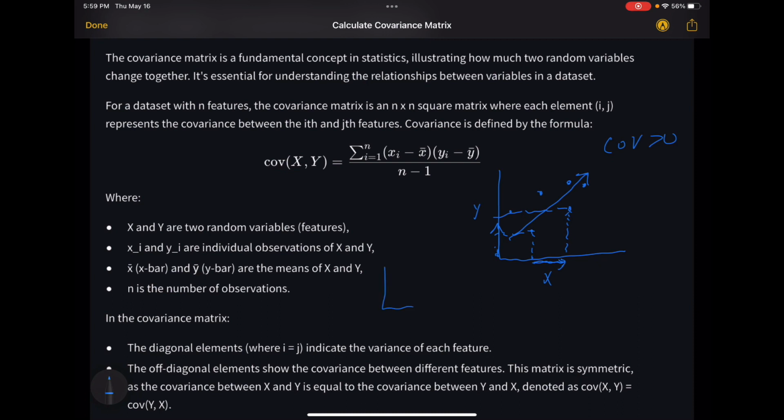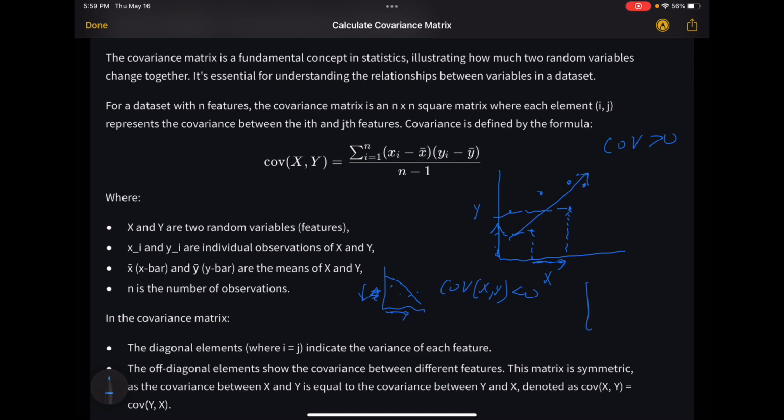If we had another example where the dots look like this, that would mean the covariance between x and y would be less than 0 because as y goes up, x goes down. Vice versa. As x goes up, y goes down.